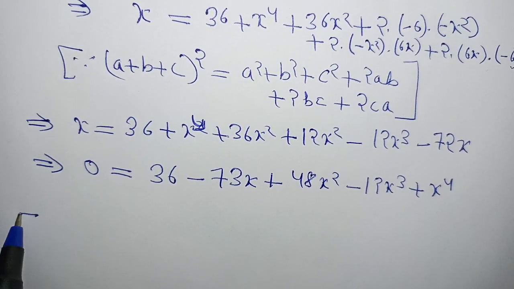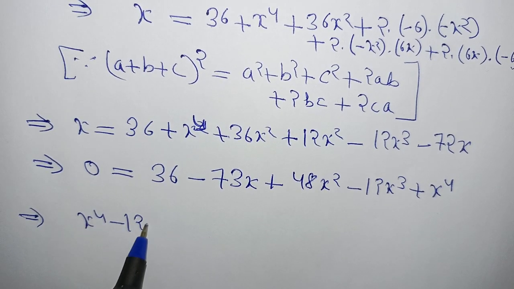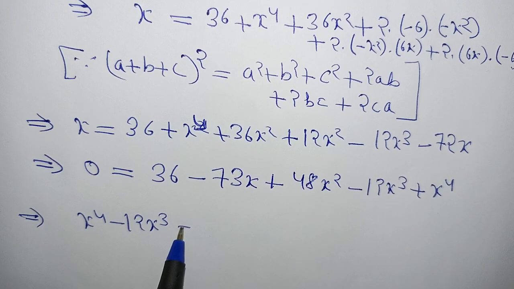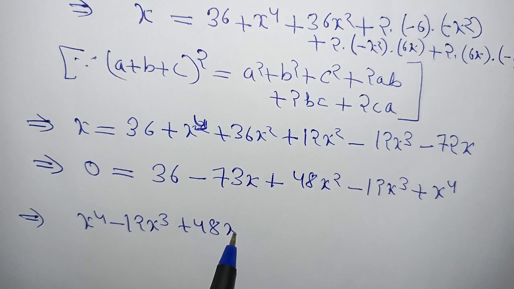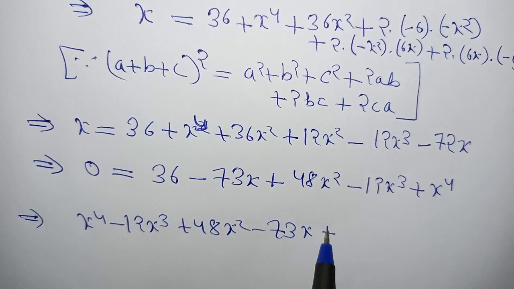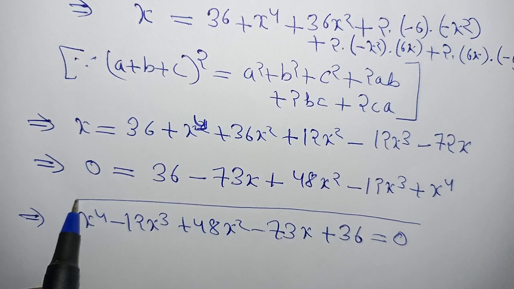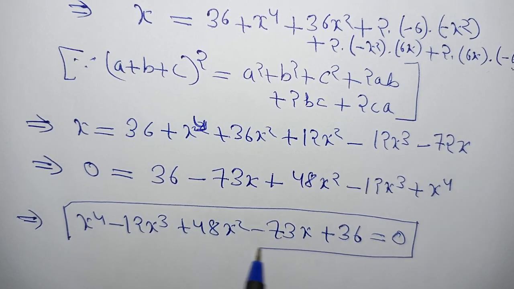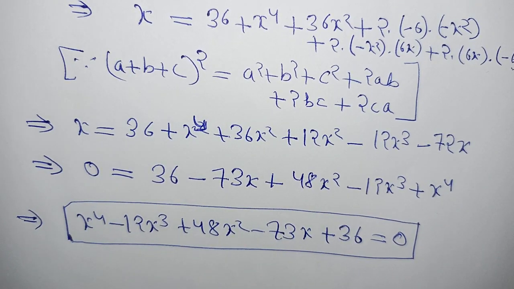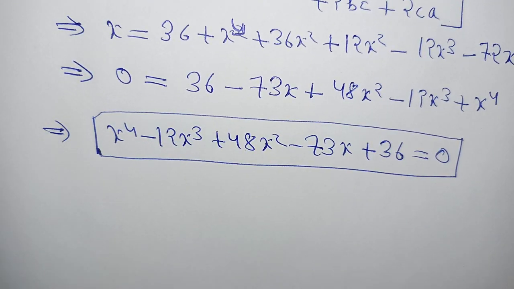And this can be written as x power 4 minus 12x cube plus 48x square minus 73x plus 36 is equal to 0. This is an equation of degree 4. Now we have to simplify this equation of degree 4.